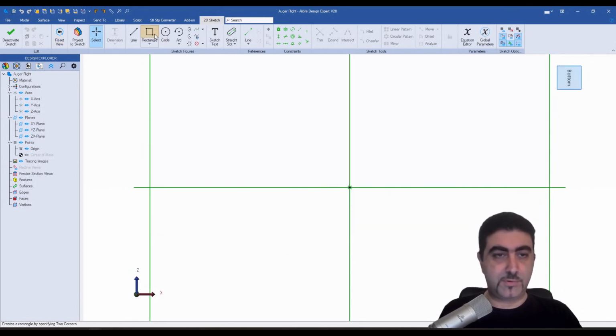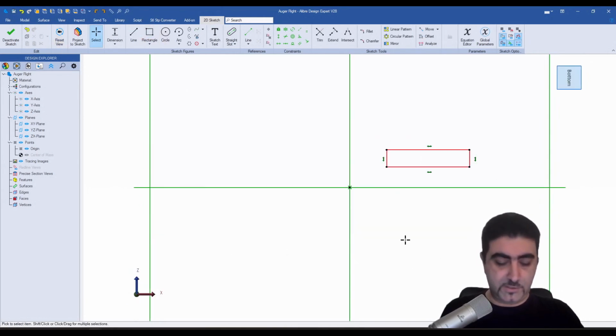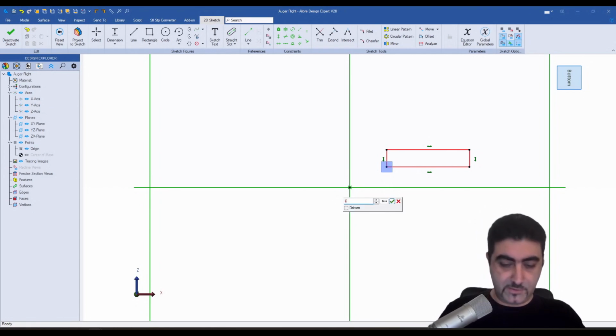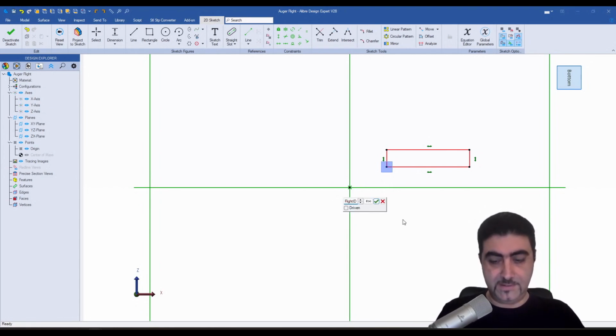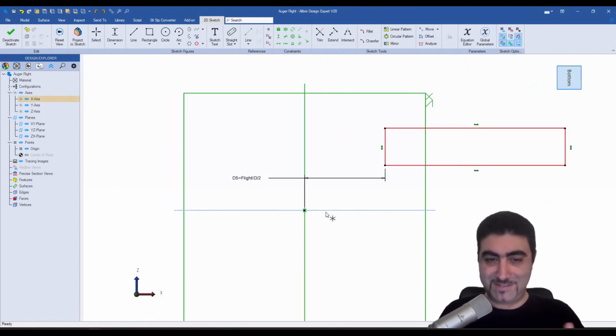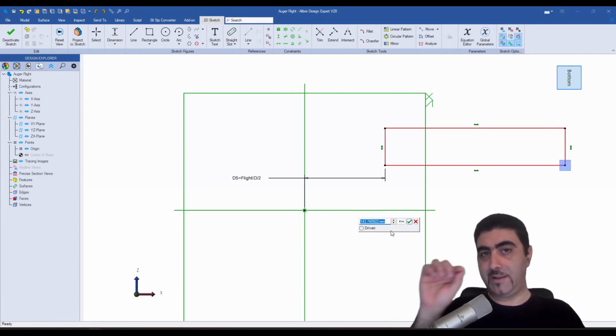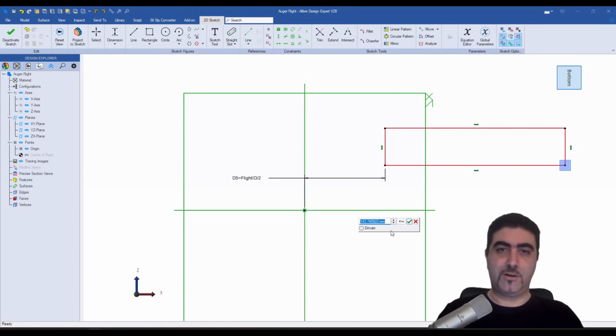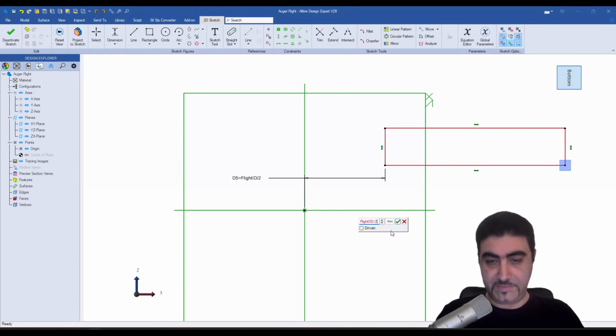Now it points upwards and I'll start a rectangle. This distance is going to be the flight ID divided by 2. Don't make that mistake. I've made that mistake many times. And this horizontal dimension is going to be flight OD divided by 2.